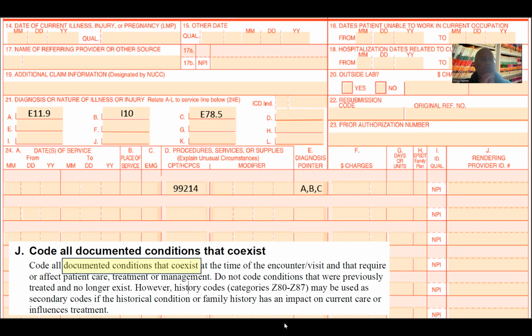All documented conditions that coexist. And I'm going to have another reminder on diagnosis coding here in a moment. So we have E11.9 for the diabetes. We've got I10 for the hypertension and E78.5 for the hyperlipidemia.